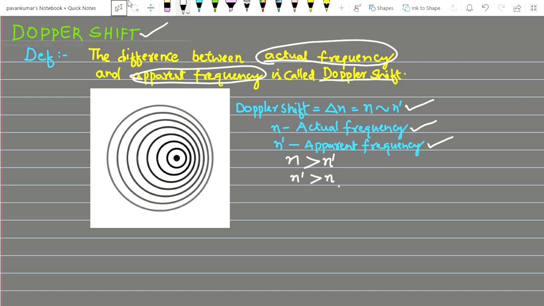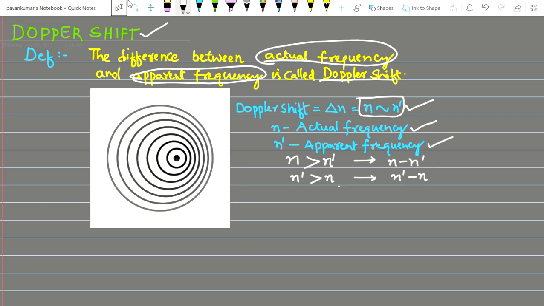So we will take the difference: when n is greater than n dash, we take it as n minus n dash. Whenever n dash is greater than n, we will take n dash minus n.